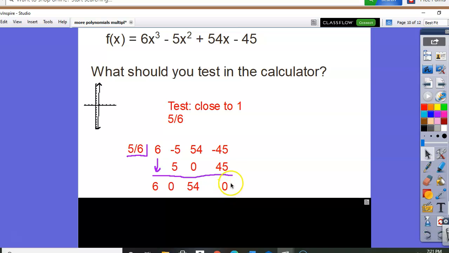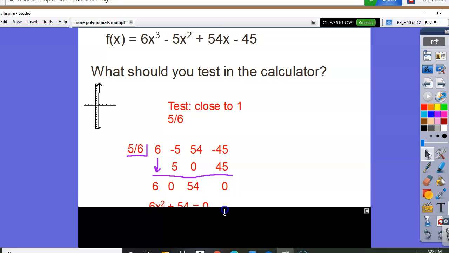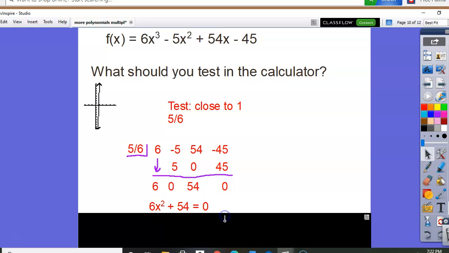And that's what it should be, because we said that 5 over 6 is, in fact, a 0 for our function. All right. So now with synthetic division, we get 6x squared. I don't have any value with an x here, and I have 54, and then I set it equal to 0.